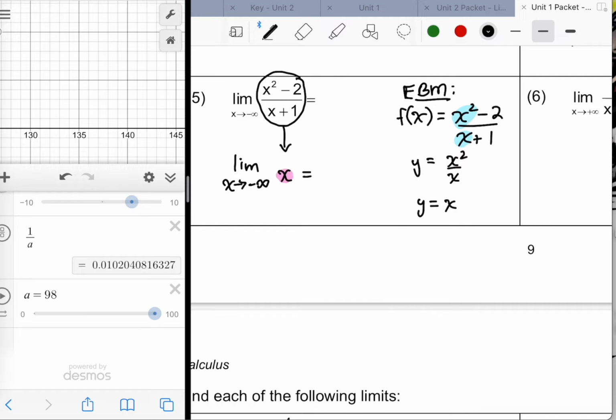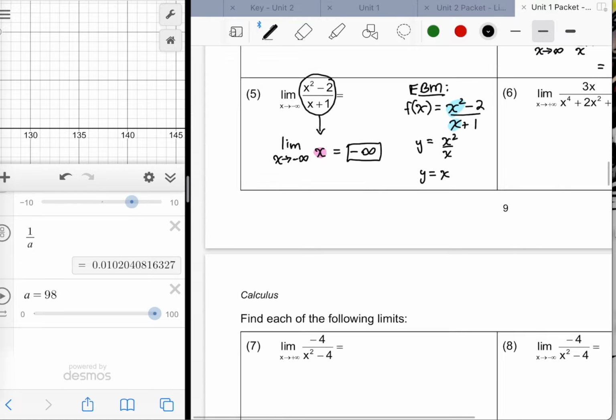Because if I replace the x with a negative infinity, I'm going to get a negative infinity. So I'm able to do that without creating a graph. You could always check your work with a graph, but if a question asks you to do it analytically, you're going to want to make sure you take the time to do that.